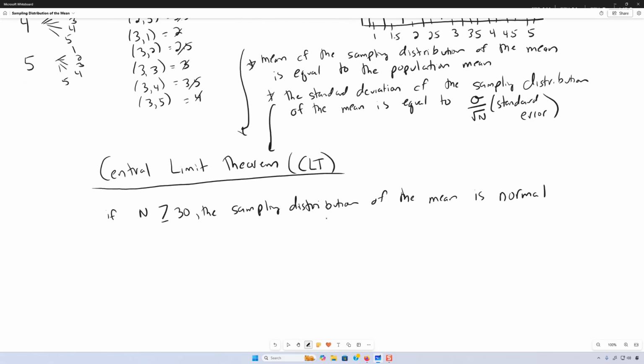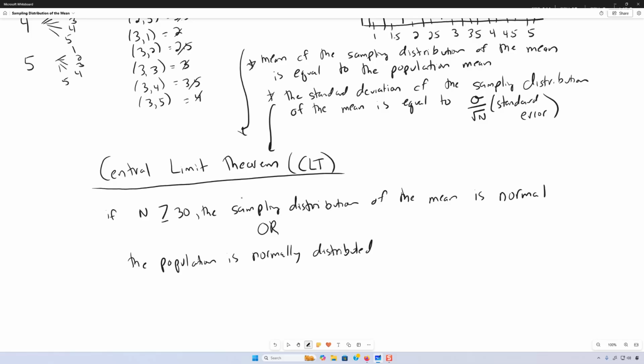So there's a big or here. Or the population is normally distributed, that will also guarantee the sampling distribution of the mean to be normally distributed.